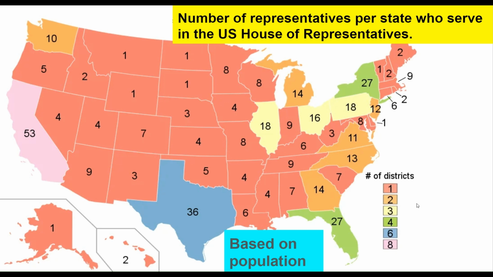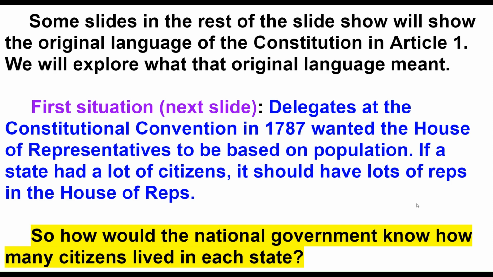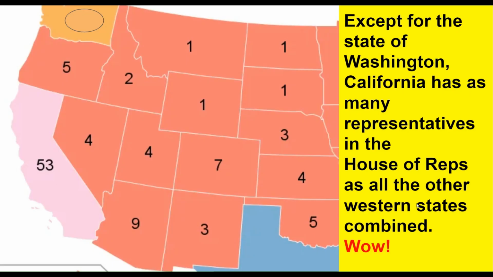That's just amazing. But in the Senate, those 30 states may have 60 senators, whereas those 8 populous states may only have 8. Oh, oops. I should go back one. So, except for the state of Washington, California has as many reps in the House of Reps as all the other Western states combined. That's amazing.